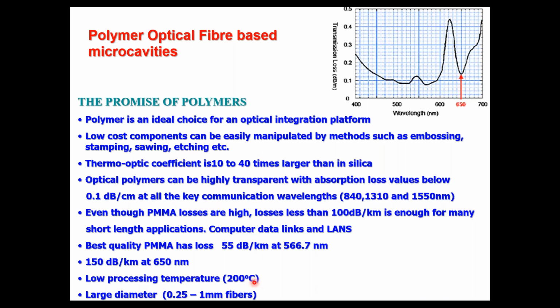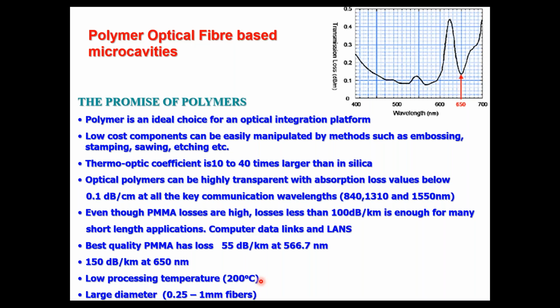The processing temperature is almost 10 times lower. Compared to 2000 degrees, here only 200 degrees Celsius is required. And compared to silica fiber, the diameters are much larger.